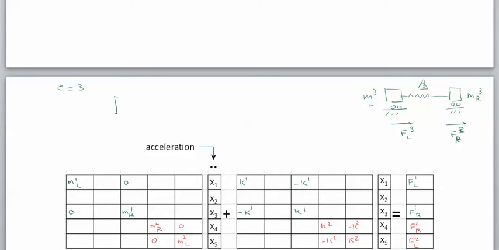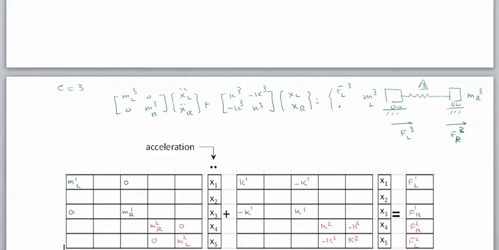Well, equation of motion is ML3, 0, 0, MR3, times XL double dot, XR double dot, plus K3, minus K3, minus K3, K3, times XL, XR, equal to FL3 and FR3.